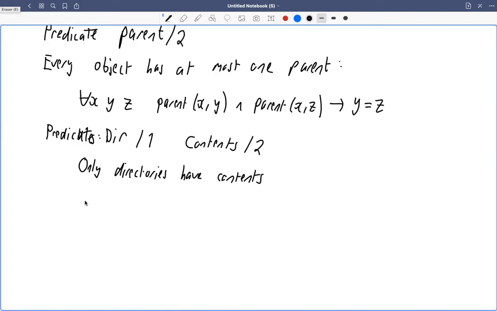And so that's saying for all x, y, contents. So if x has contents y, then x is a directory. Whoops. This should be for directory.